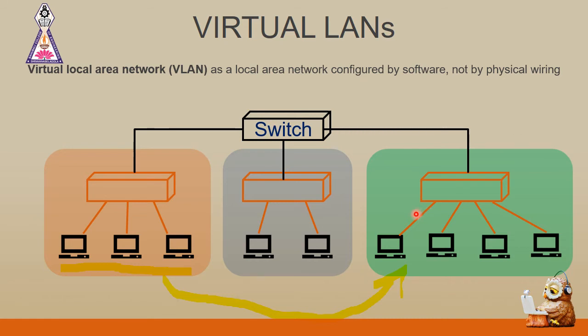In terms of physical implementation, this entire topology has to be changed. That means I need to remove this particular switch, then move these 3 engineers physically into this group and create 3 new connections here, and the system administrator has to do this manually, which is not the ideal solution.